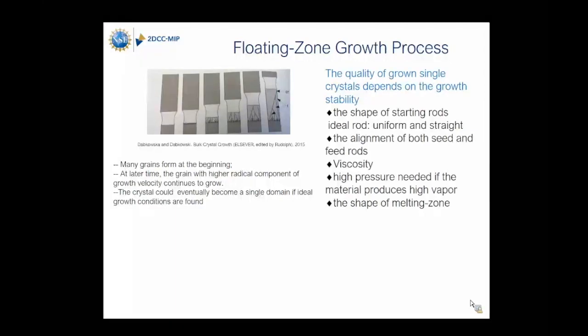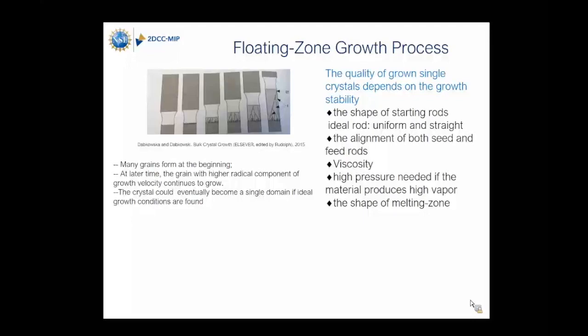The quality of the grown crystal depends on the growth stability. So the key point for floating zone crystal growth is to keep the growth stable. Stable growth depends on many factors, as listed here, such as the shape of the starting rod. Okay, 10 minutes. Okay, I'll finish in 10 minutes. The rod needs to be straight and uniform.